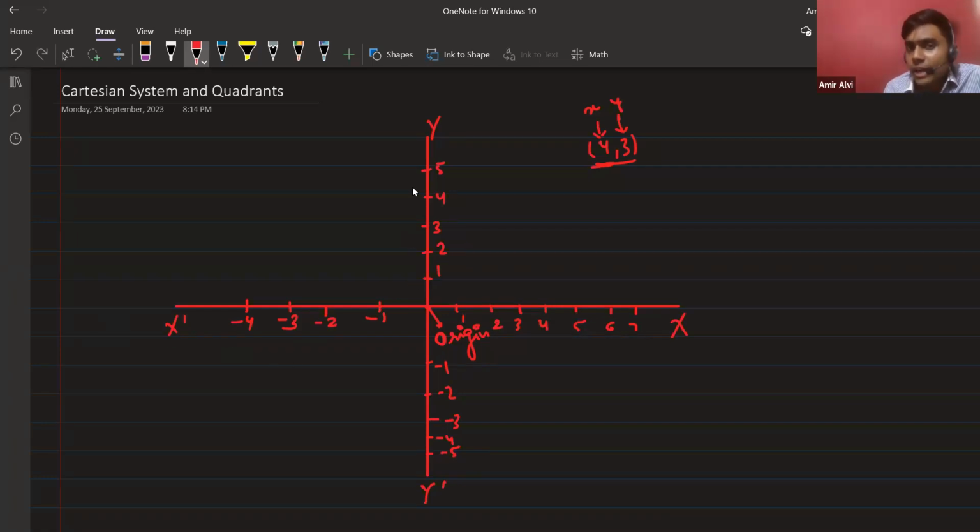This is the positive y-axis and this is the negative y-axis. Clear, Simran? Yes. So if you say 4,3, it's saying that a person has taken 4 steps in the direction of the positive x-axis, and after that has taken 3 steps in the positive y direction. 1, 2, and 3. So now the person is standing here.